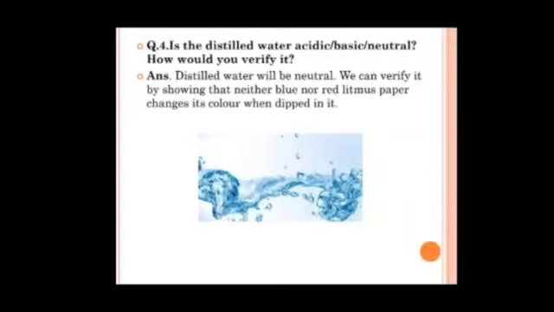So distilled water is neutral in nature, and this fact is verified by the litmus solution, because no change in color takes place. We can verify it by showing that neither blue nor red litmus paper changes its color when dipped in it. So distilled water will be neutral.